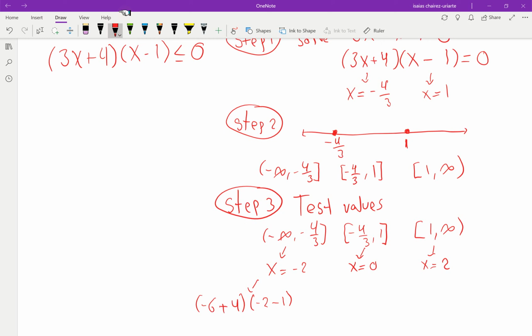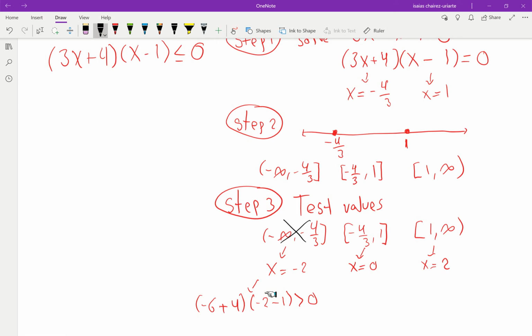Now, is that going to be less than or equal to 0 or bigger than or equal to 0? What do you think? Here you're multiplying a negative times another negative. This is bigger than 0 because it's going to become positive.